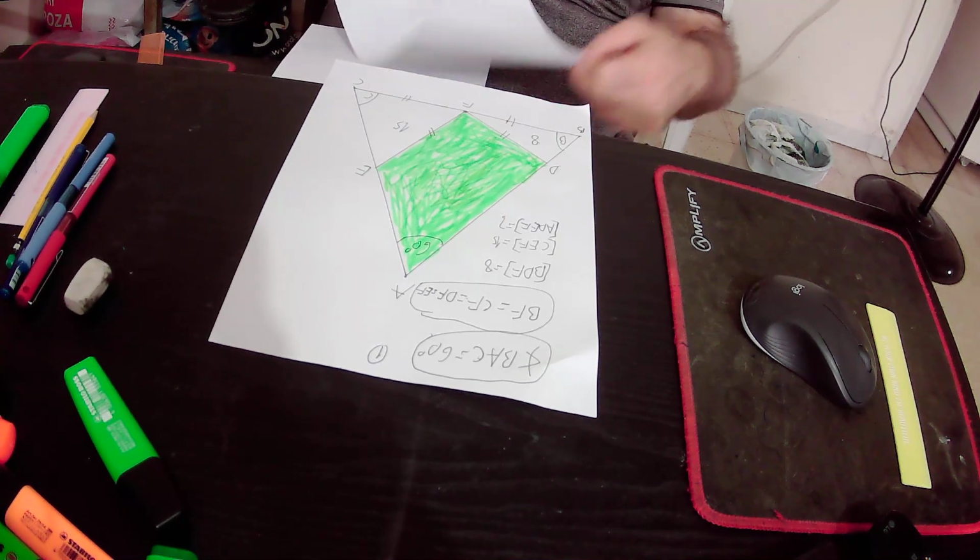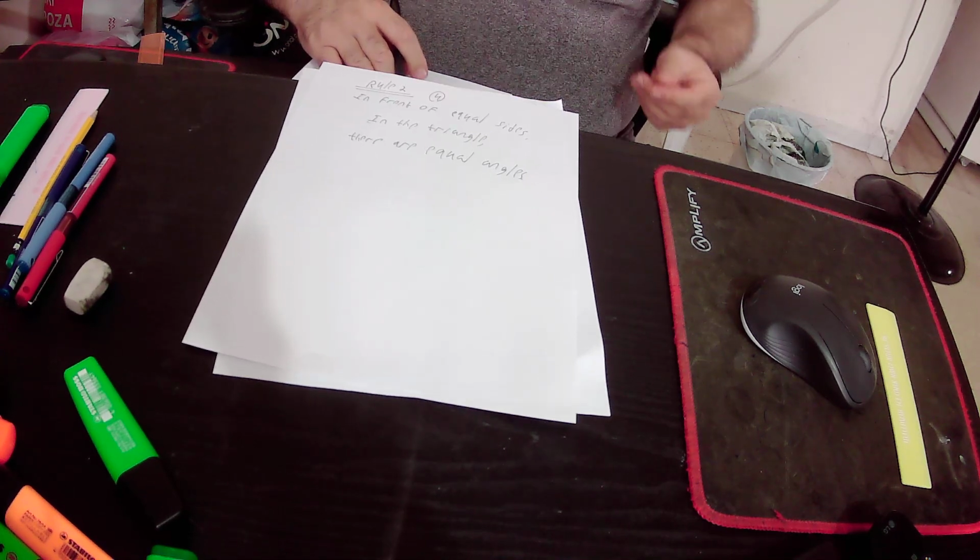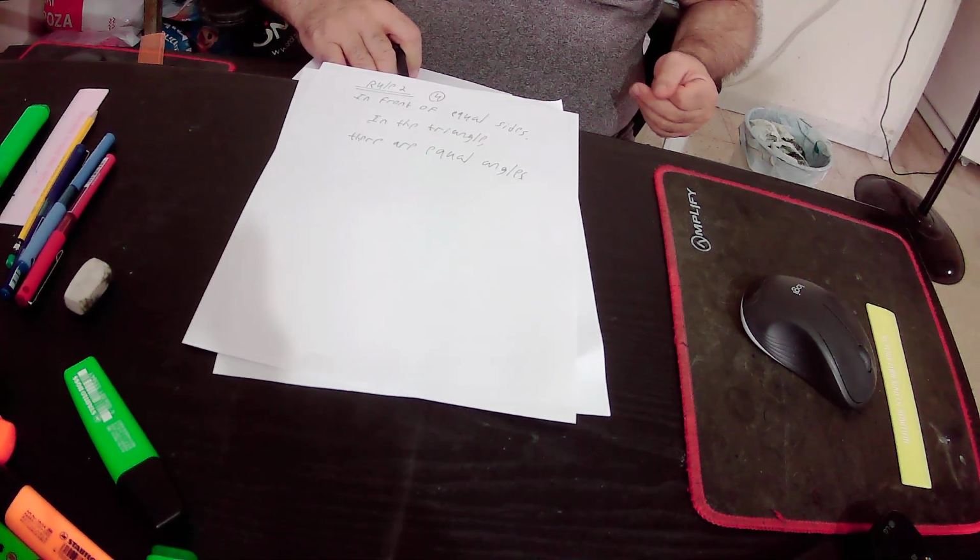I will read rule number 2 again. Rule number 2 states that in front of equal sides in the triangle there are equal angles.